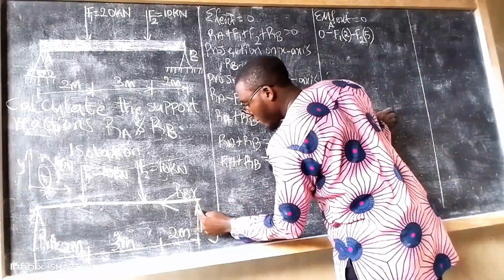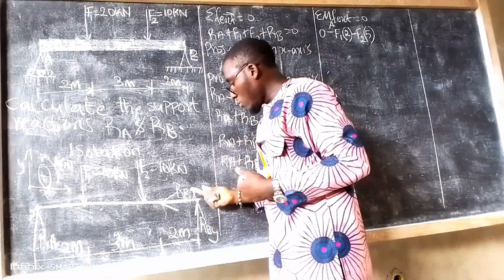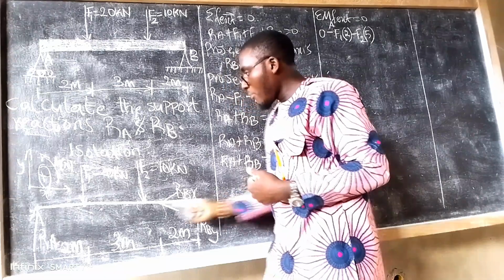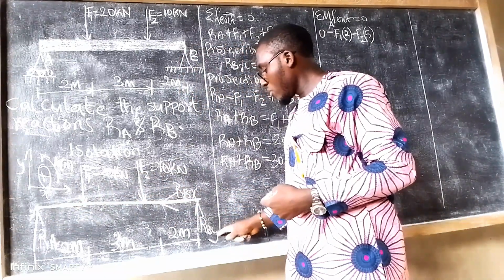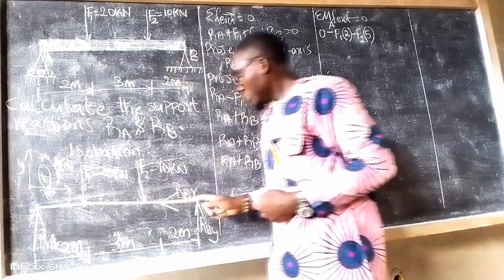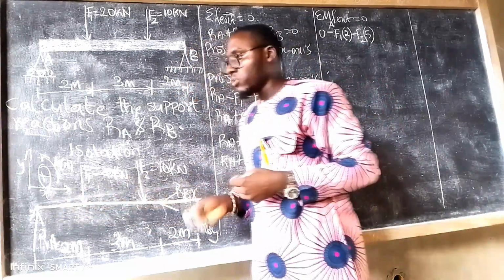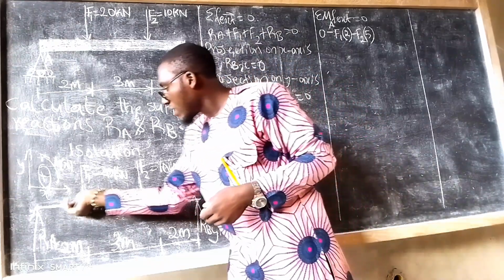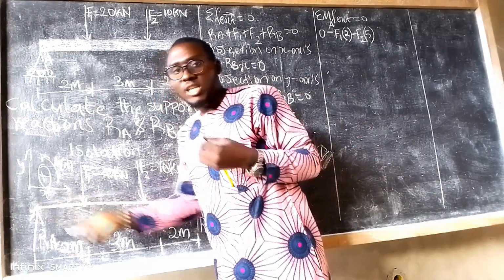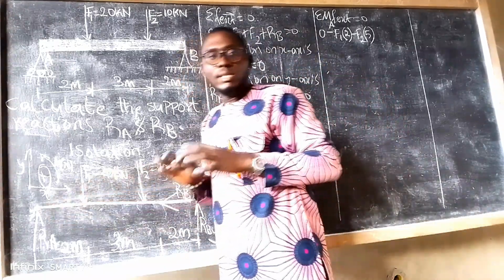And for the moment of RB, take note, we need to look for the moment of RBX about point A, and in the same way the moment of RBY about point A. The moment of RBX about point A is 0, because if we extend the line of action of this component of RBX, it will pass through the center of our moment.